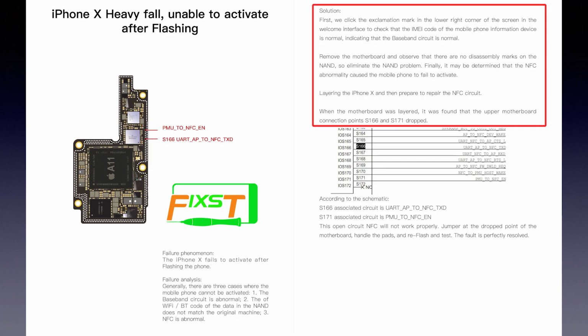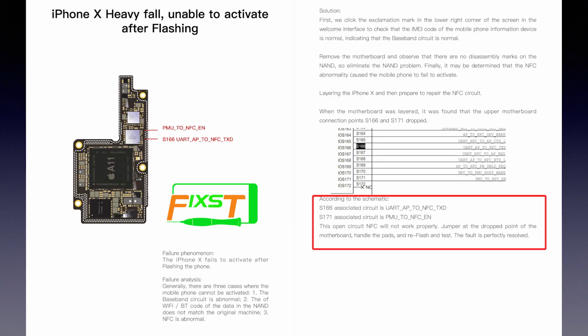When the motherboard was layered, it was found that the upper motherboard connection ports S166 and S171 dropped. According to the schematic, S166 associated circuit is UART AP to NFC TXD.